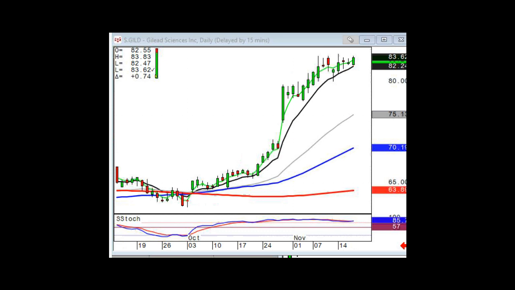Why does he have stochastics there? He is not using it. Stochastics are identifying a buy signal in the oversold area.